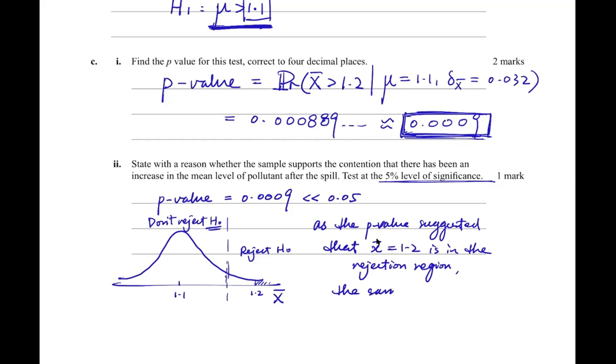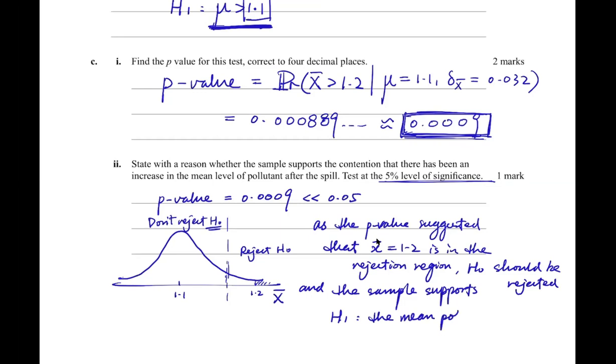The sample H0 should be rejected, and the sample supports H1, the mean pollution level has increased. Okay? Supports H1. Yes, it has increased. Greater than, okay?